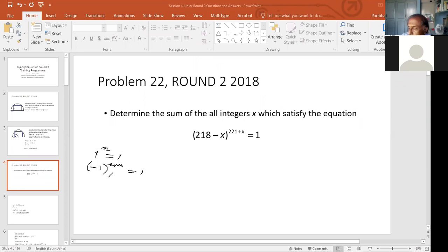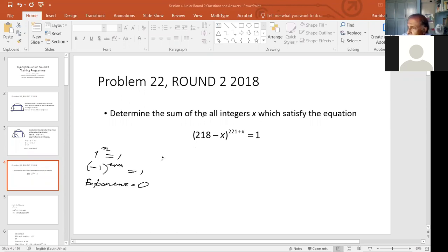Okay? And there's a third situation where the index or the exponent is 0. When the exponent is 0, then again, anything raised to the power of 0 is equal to 1. So there are 3 possible cases here.